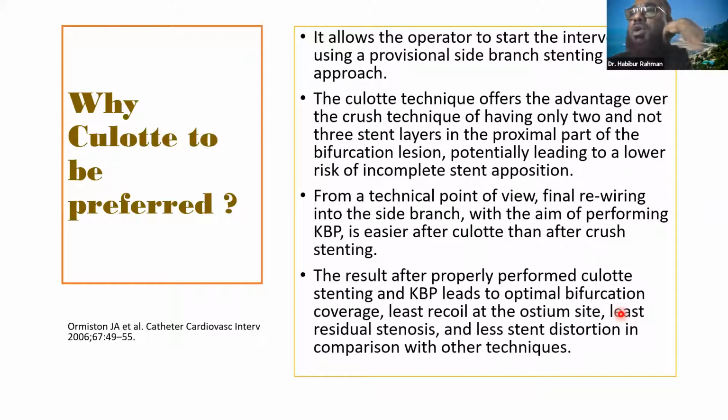From a technical point of view, final rewiring into the side branch with the aim of performing a kissing balloon is easier after Culotte than crush stenting. The result after properly performed Culotte stenting leads to optimal bifurcation coverage, least recoil at the ostial site, least residual stenosis, and less stent distortion in comparison with other techniques.